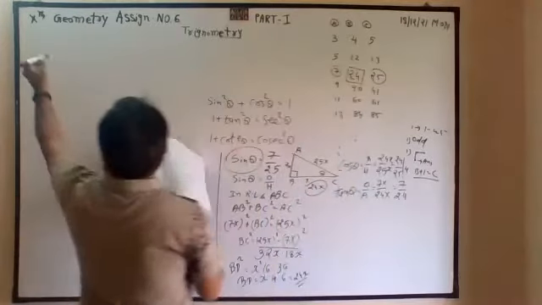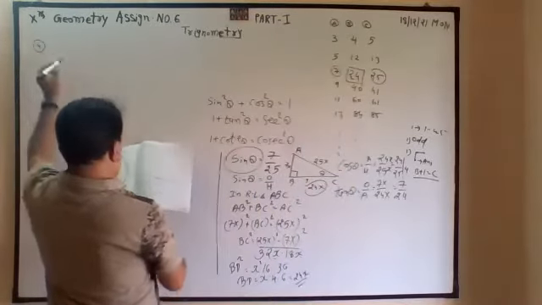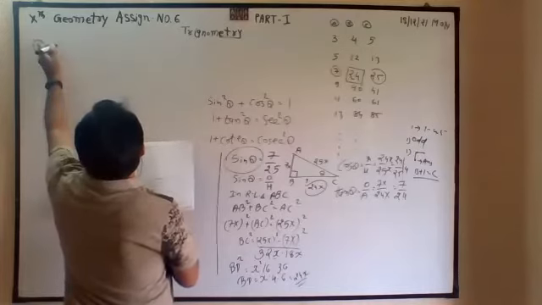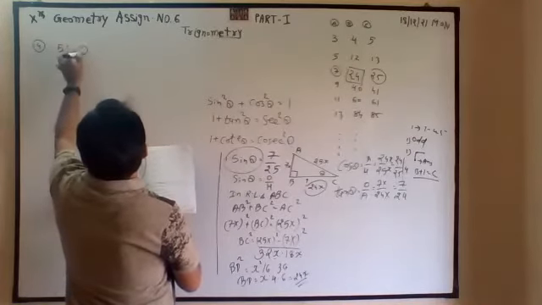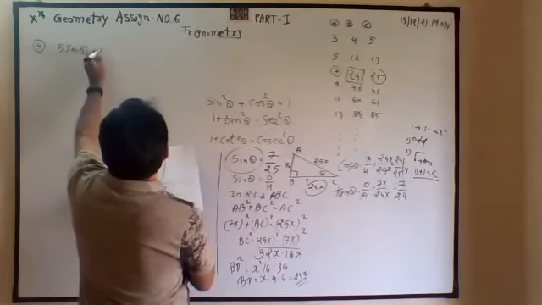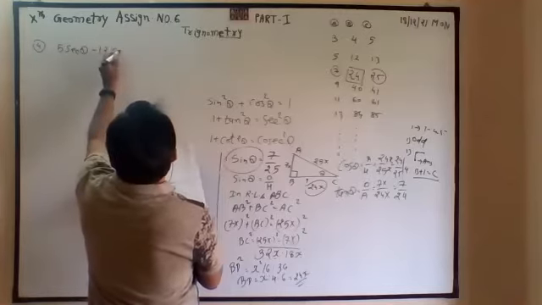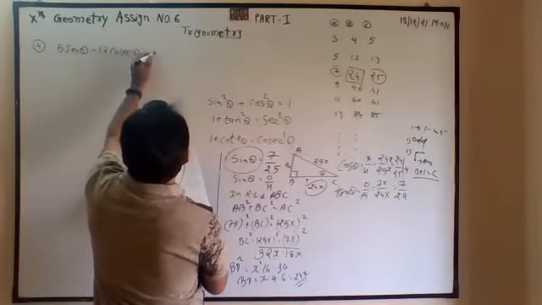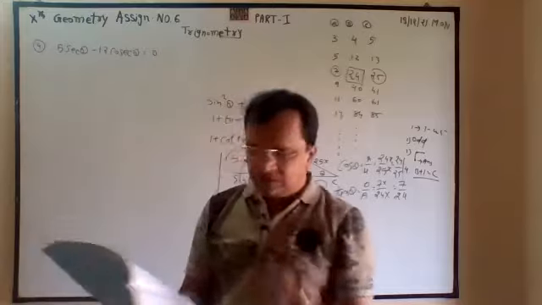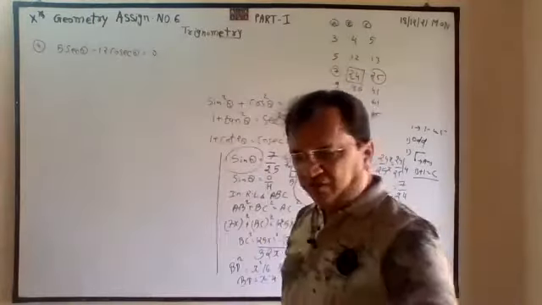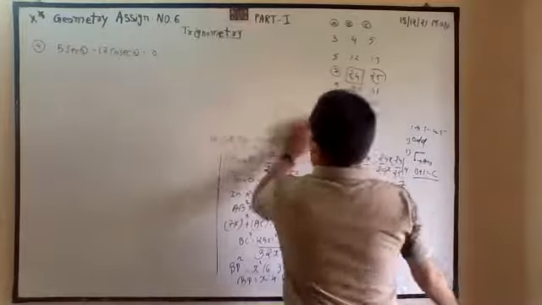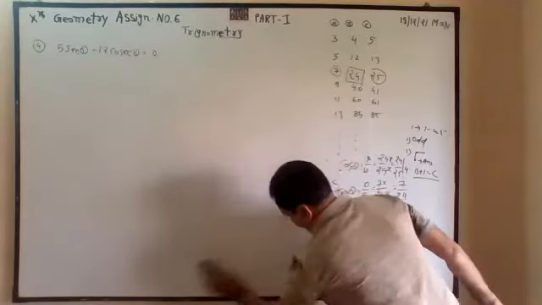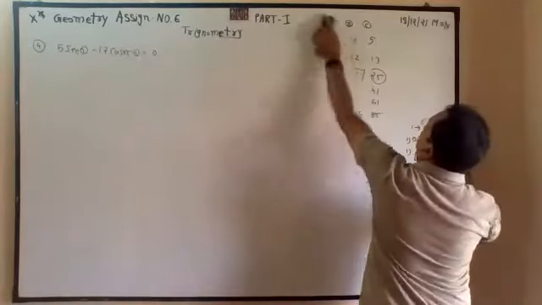Now a very good example. Five sec theta. Here is the same: from one ratio, the rest of all ratios we can find, but convert that into one ratio.